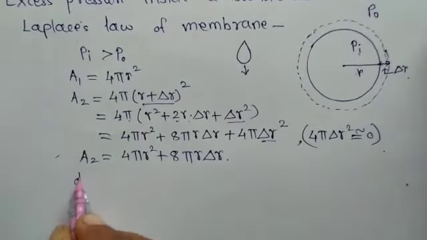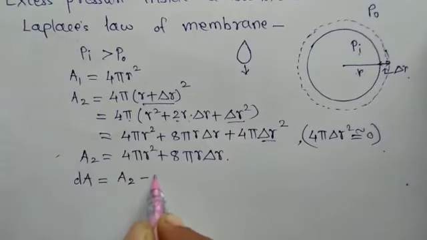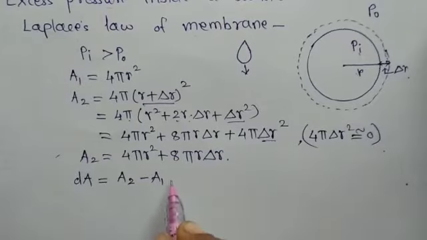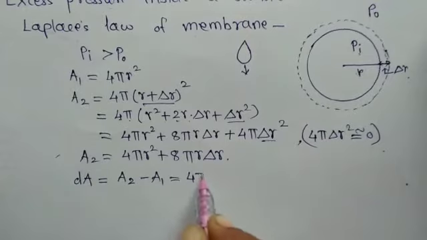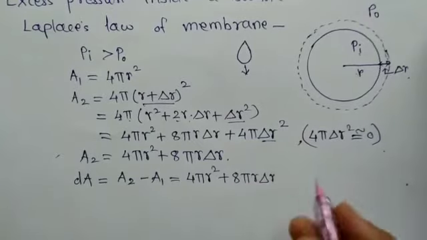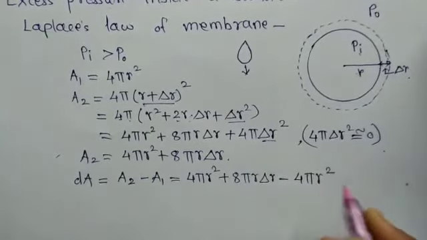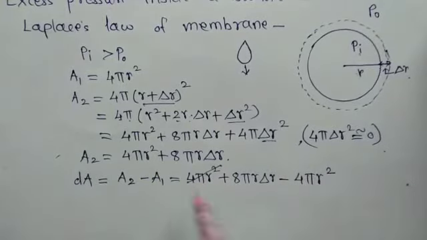Now the increase in area, that is dA, is equal to final area minus initial area, that is A2 minus A1. It is equal to 4 pi r square plus 8 pi r delta r minus A1, which is 4 pi r square. This 4 pi r square gets cancelled.